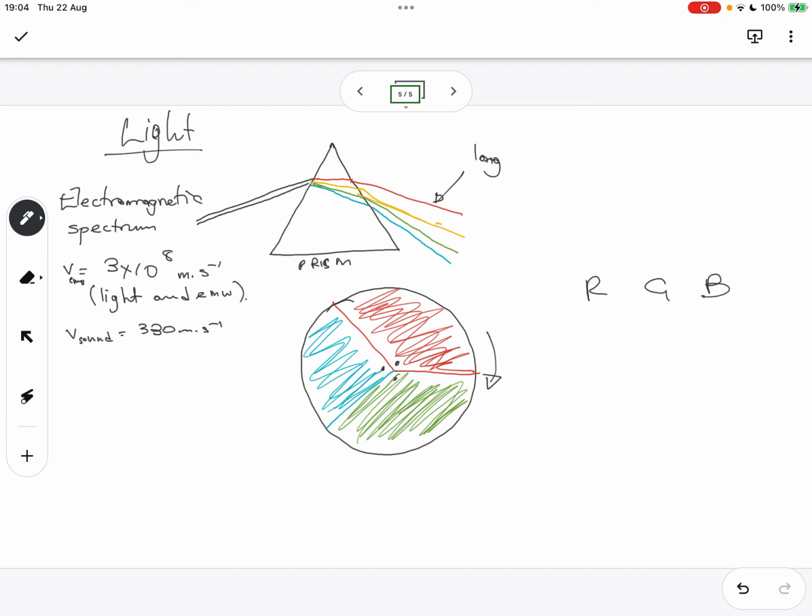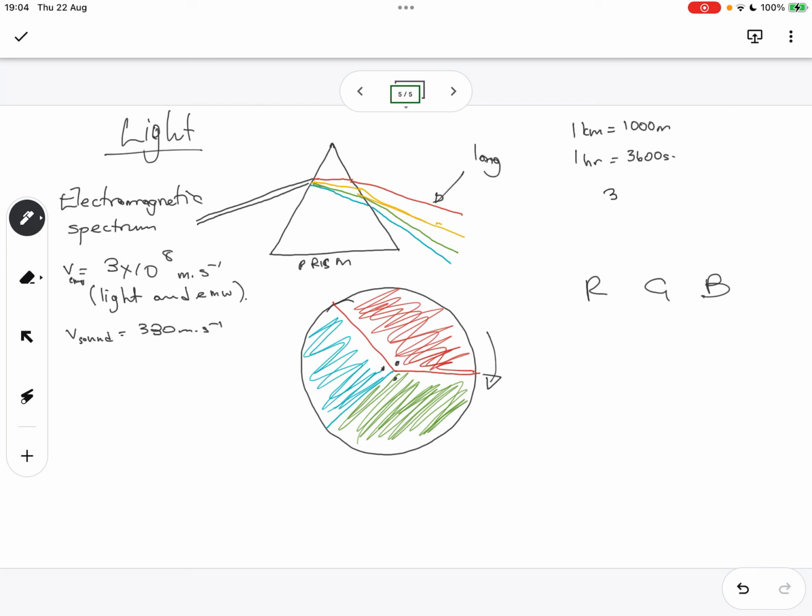But anyway, we'll get to sound. Here's how to convert from meters per second to kilometers per hour. 1 kilometer is 1,000 meters, and 1 hour is 3,600 seconds, right?